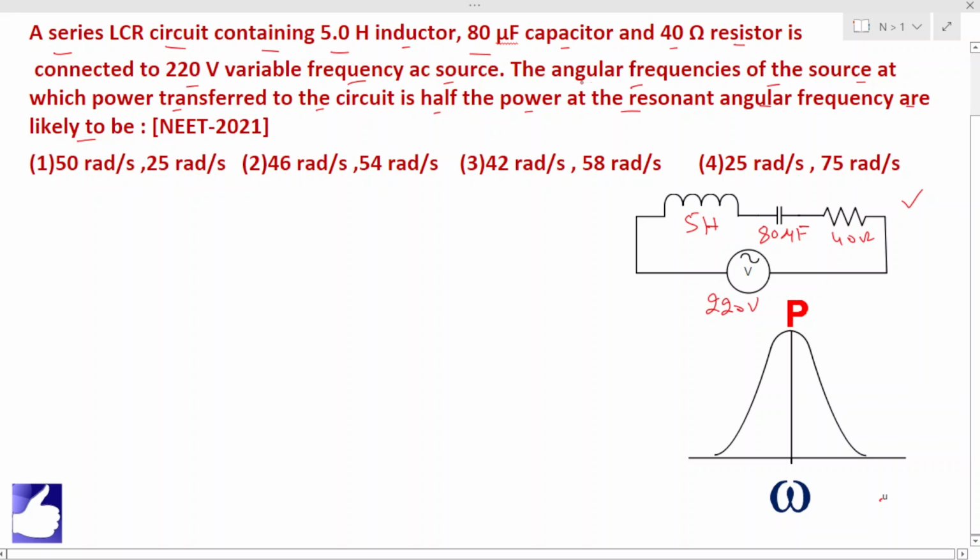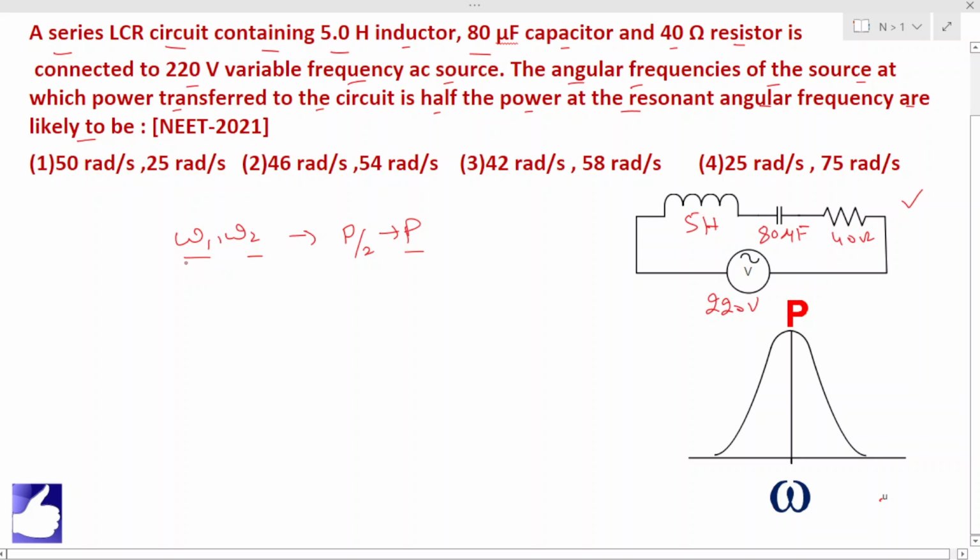He is asking us to calculate the angular frequencies, that is omega 1 and omega 2, where the power transferred to the circuit falls to half, that is P by 2 from the maximum power P at resonant frequency. So you have to calculate omega 1 and omega 2.